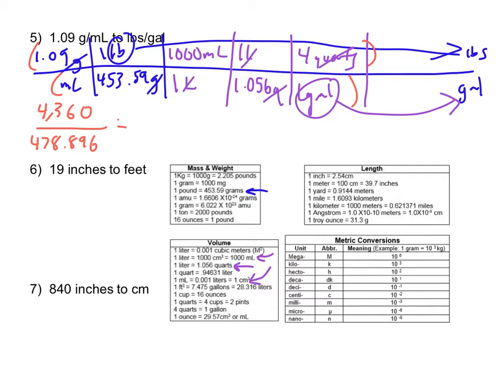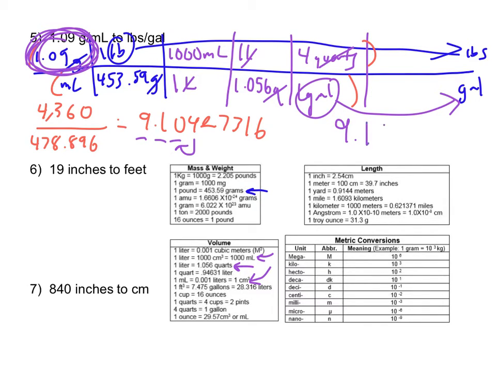When I multiply or divide all that out, I get 9.1042736. Okay, that's a lot of numbers, so I'm going to go back and check my sig figs. There are 3 sig figs there, so I count 1, 2, 3, round with the 4. My final answer is 9.10 pounds per gallon.